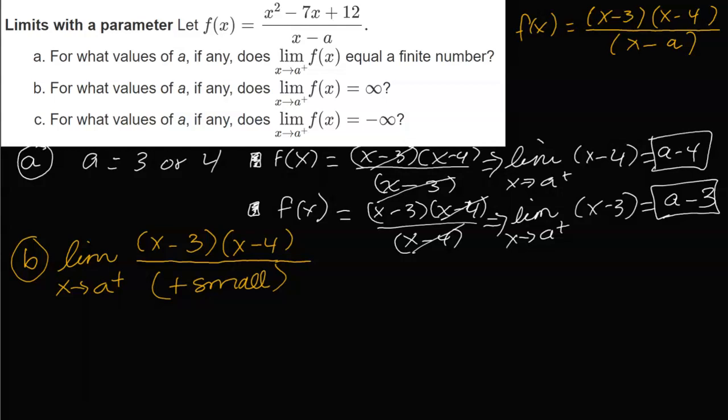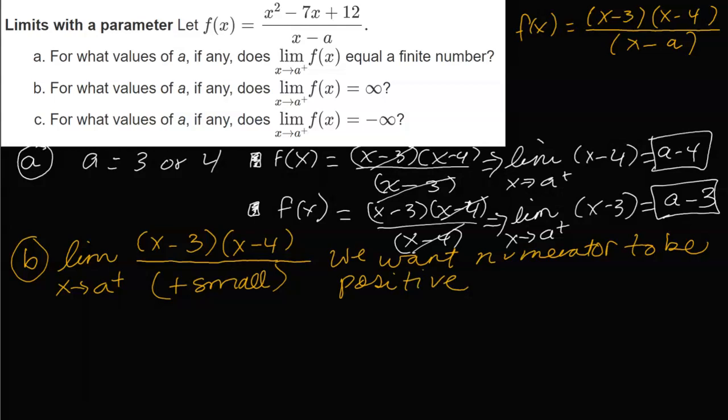So if the denominator is positive, then we would want the numerator to be positive for your limit to be positive infinity, right?